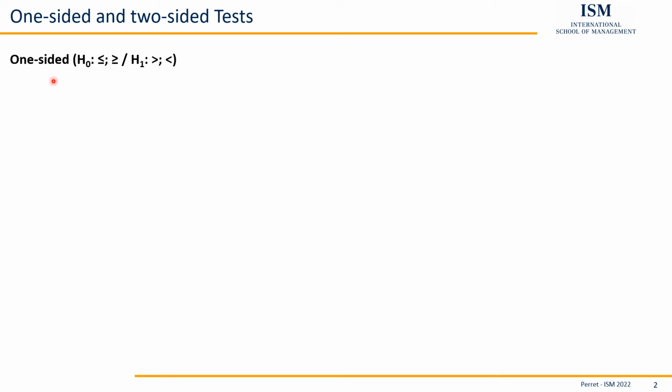Why is it called one-sided? Well, if we consider the distribution, we can see that if we say we want to test whether something is larger or smaller than something, we only have one side to consider. If we want to know if something is larger or smaller than 0 in this case, well, obviously all these values are smaller than 0.